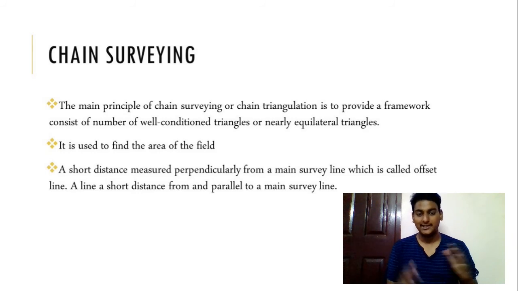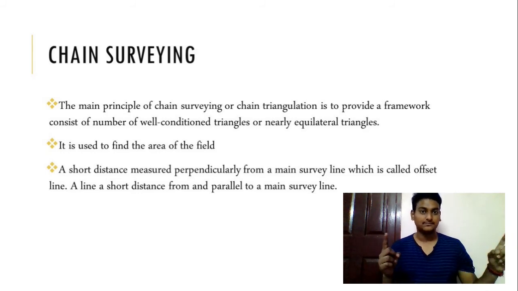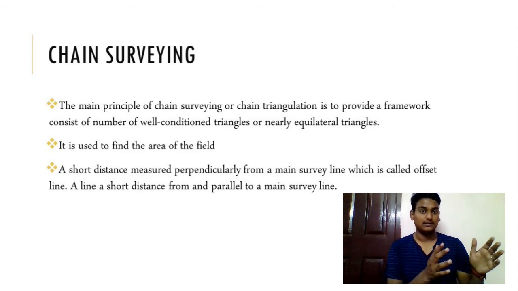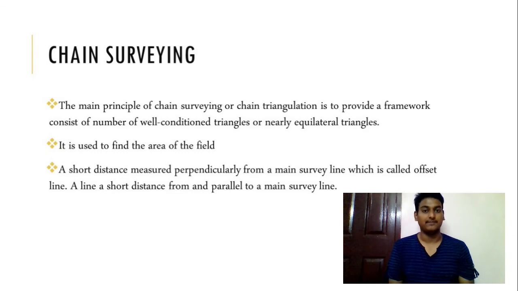If the stations are visible, meaning the surveyor can look at the other end station, then direct ranging can be used. If the station is not visible, then indirect ranging can be used, which is useful in curves, etc.